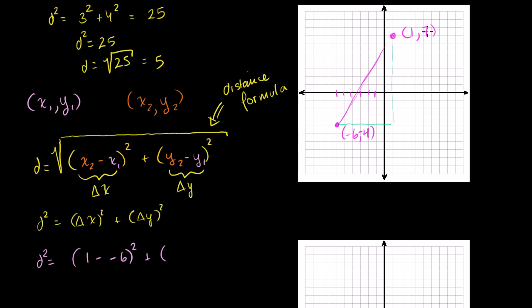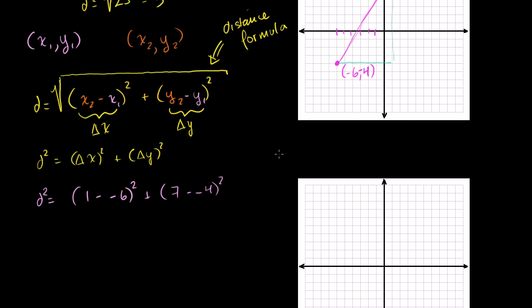The larger y is 7. 7 minus negative 4 squared. I just picked these numbers at random, so they're probably not going to come out too cleanly. So the distance squared is equal to 1 minus negative 6, which is 7, 7 squared.